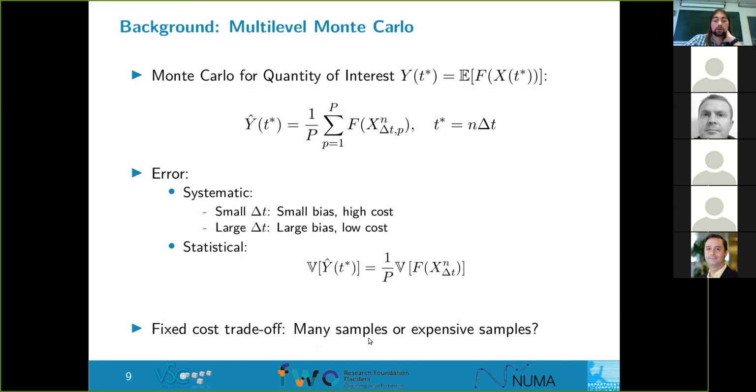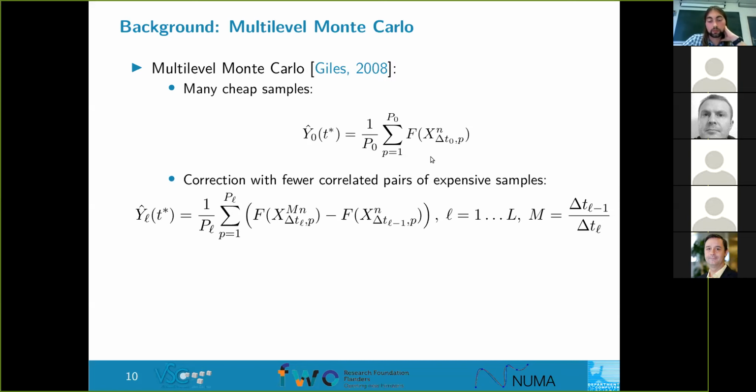Do we do lots of cheap ones or very few expensive ones? Now, in multi-level Monte Carlo, you don't have to make this choice explicitly. Instead, we do a number of samples with a very coarse simulation. This P0, the number of particles, is very large because the simulations are very cheap.